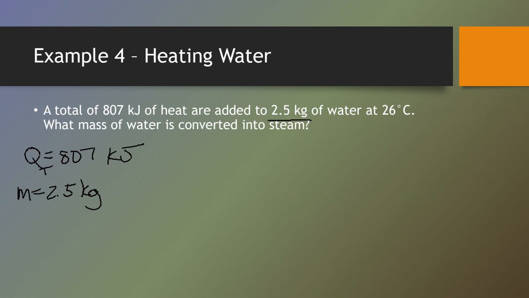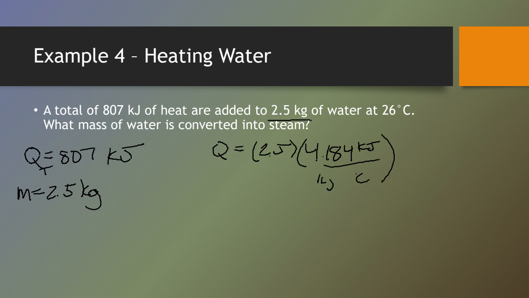And so the amount of energy required to heat 2.5 kilograms, remember we can use the same specific heat, 4.184 kilojoules per kilogram degree C. That is a constant, the specific heat of water. And now we're taking 26 degrees Celsius, we're heating it to 100 so that it'll then convert to steam after it gets up to 100 degrees.